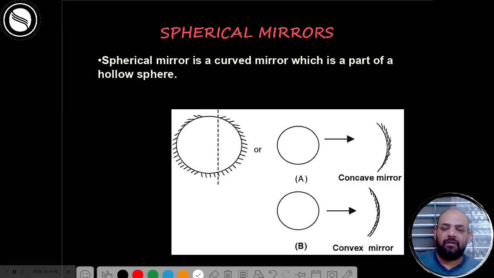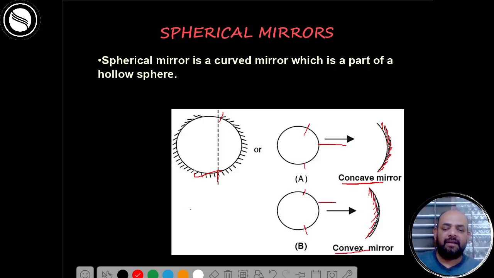Suppose this is the hollow sphere, and if you cut one part of it, like suppose you cut this much and remove it, and now you paint the outer side with silver or aluminum, then this will become a concave mirror. Similarly, again you cut the same part and remove it from this hollow sphere, and you paint the inner side, then this will behave like a convex mirror.